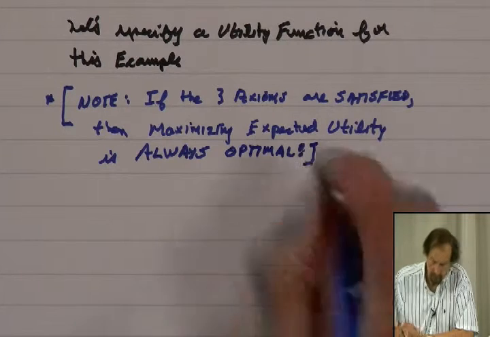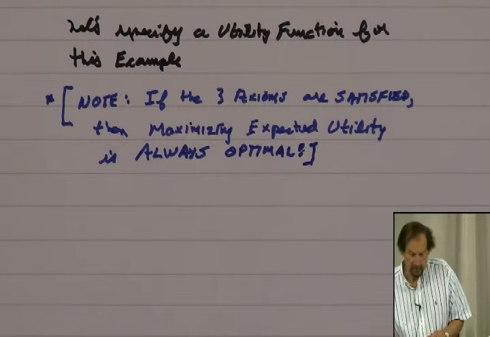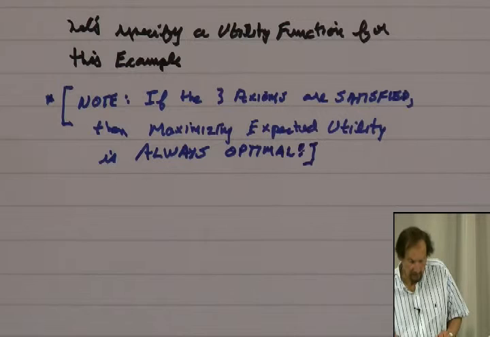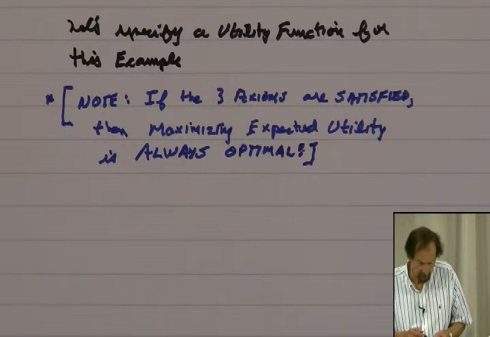This is an important thing about utility theory that was first discovered by von Neumann and Morgenstern.